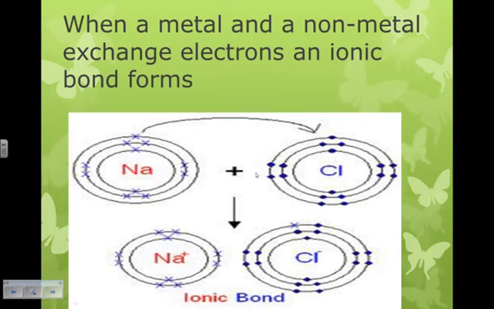So you have a negative and a positive, and opposites attract. So what we have formed here is an ionic bond. An ionic bond will be between a metal and a nonmetal, and there's a loss and a gain of electrons, creating a positive and a negative charge, and these two form a bond due to it. That's an ionic bond.